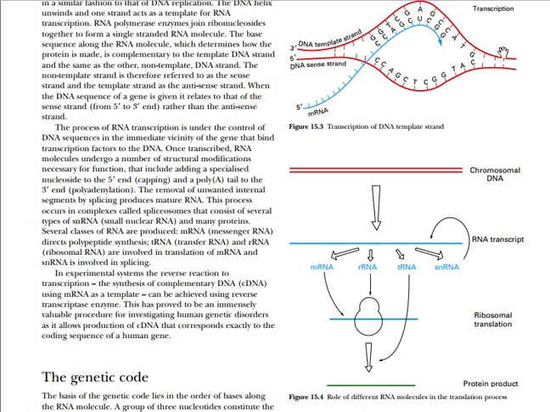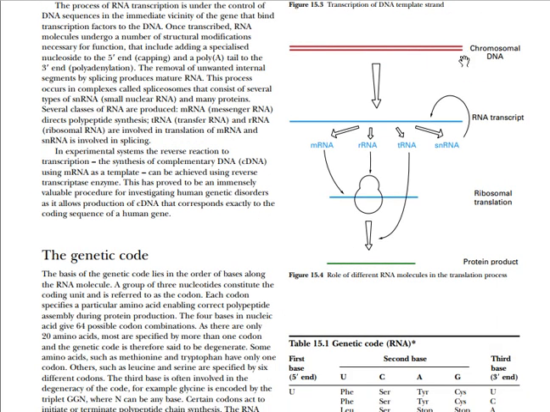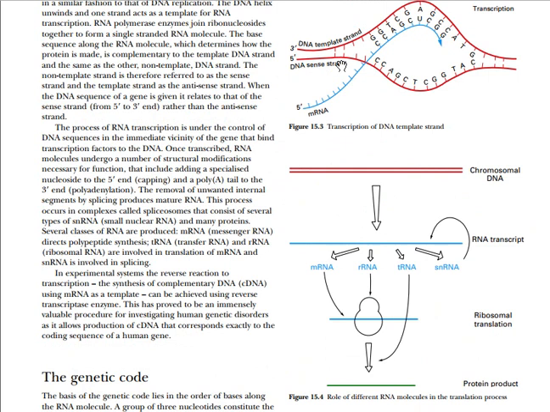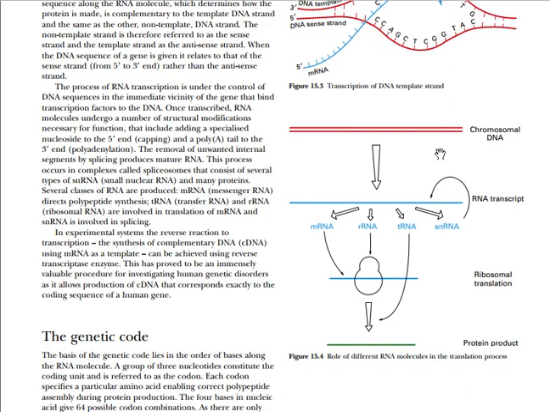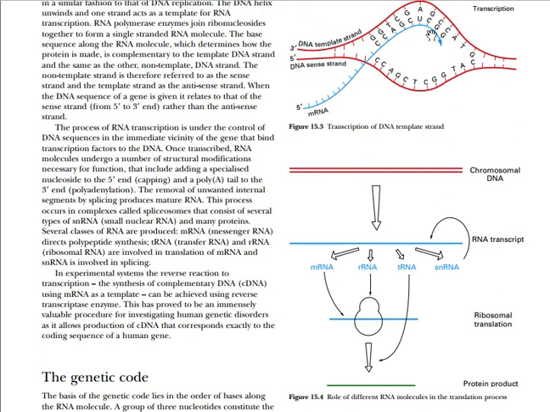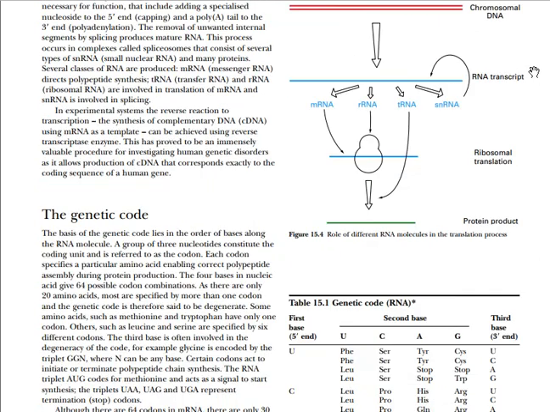Since transcription results in the production of an mRNA in a 5' to 3' direction, when you are doing translation the mRNA is read in a 5' to 3' direction, and this still corresponds to a 3' to 5' direction in the DNA.